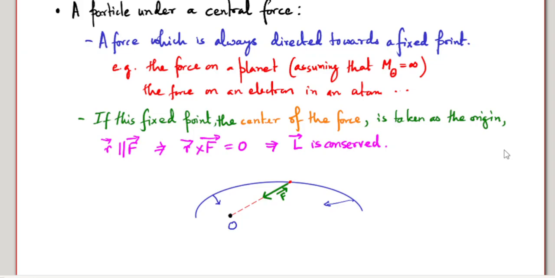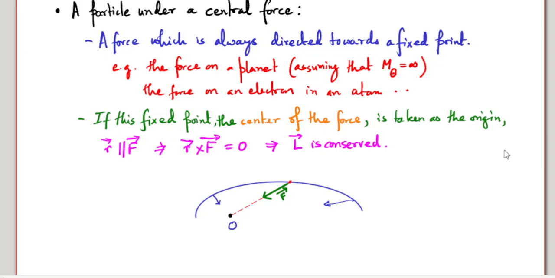However, although the sun does move a bit, because of the huge mass of the sun, the motion of the sun is actually very small. And if you assume that the mass of the sun is infinite, as we have done here, then the sun would not move at all, and the force on the planet would be truly a central force. We will learn later how to take into account the fact that the sun actually moves a bit and how that modifies the sun-planet dynamics.